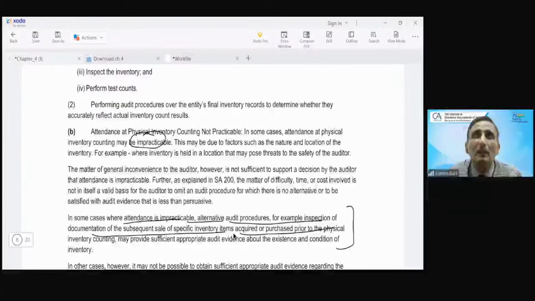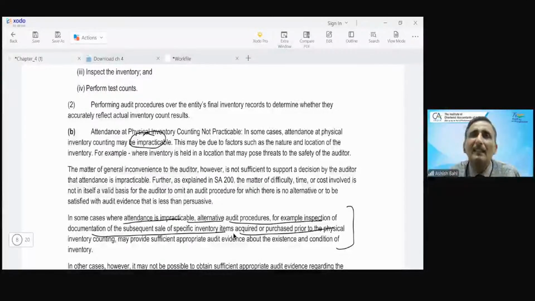And one more thing you have to remember, students, that the matter of general inconvenience to the auditor is not a requirement for the auditor to skip physical inventory counting. Say it is a little bit difficult for the auditor to go to that place, so he cannot say that his attendance at physical inventory count is impracticable. Say for example, an auditor is sitting in Delhi and he has to go to some hilly area, say Shillong, for attendance at the inventory count.